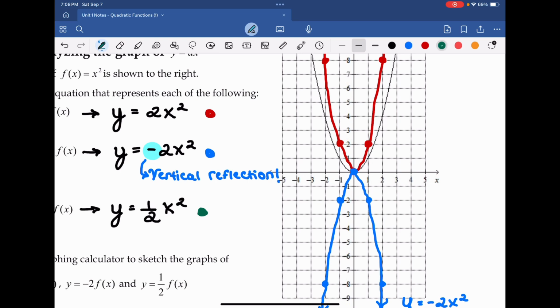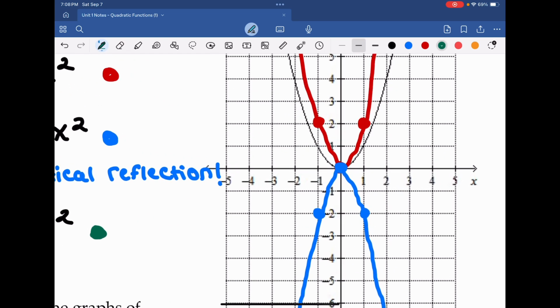Okay, lastly, we're going to do the green graph here. So we're going to take the original function and multiply it by 1/2. 0 times a half is going to keep us at the origin. If I take 1 and multiply by half, it's going to put me at 1/2. If I take the original points that were at 4 and 4, or here and here, and multiply those both by 1/2, aka I divide 4 in half, this is going to put me at 2 and 2.